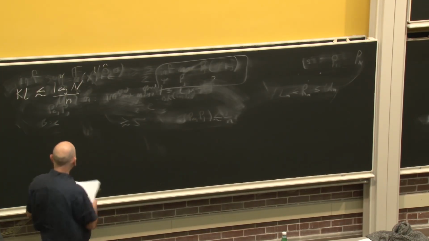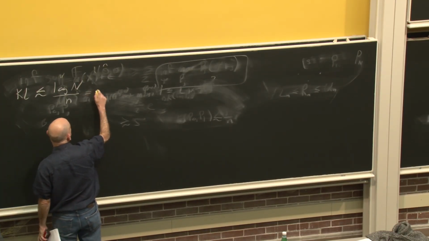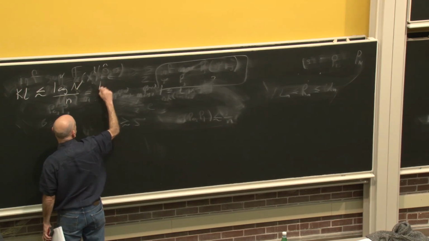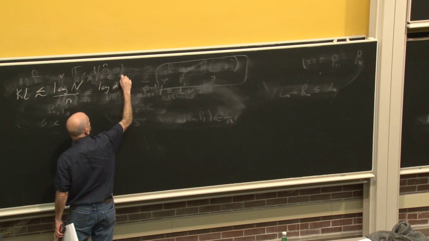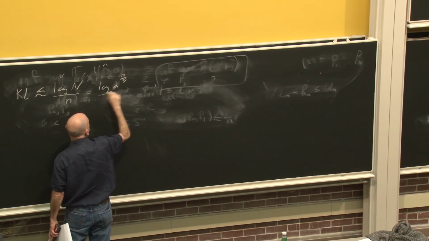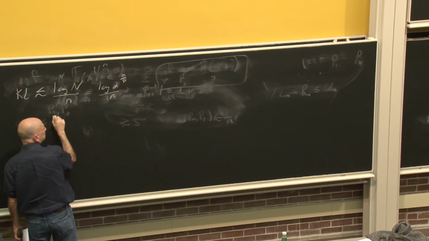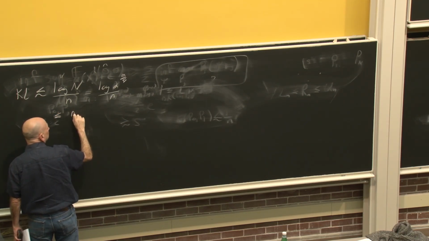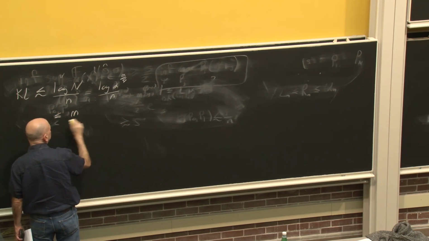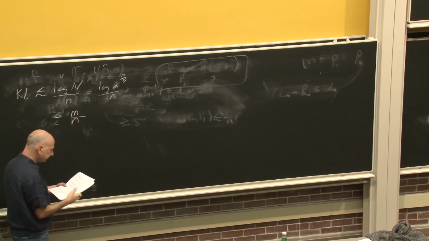So first of all, what is n? By Varshamov-Gilbert, this was log of 2 to the m over 8, over n. That's like m times a constant over n.